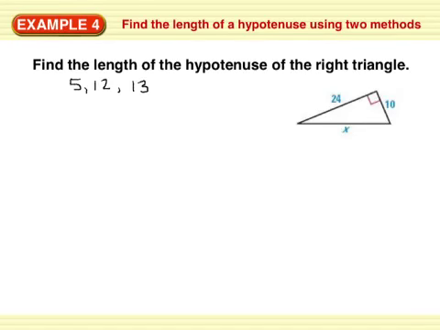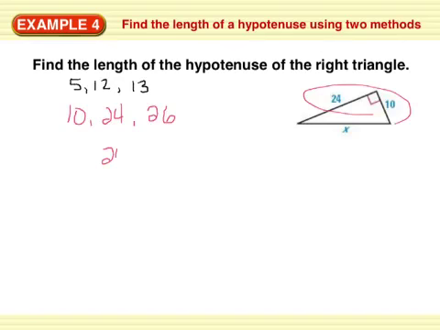So notice, if you multiply the lengths of the legs of the Pythagorean triple by 2, we have 10, 24, and 26. And that works for what you see here.